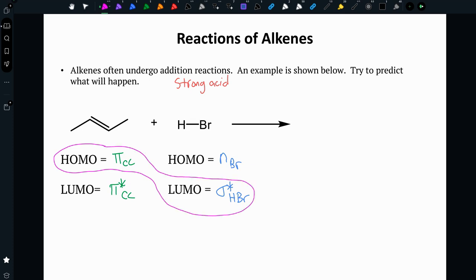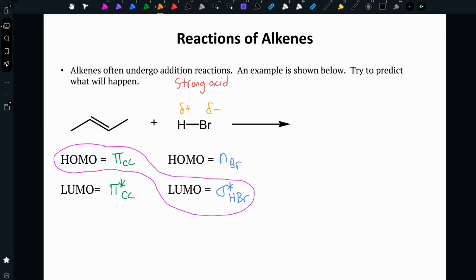Meaning, I'm going to start my arrow at the pi bond between the two carbons, and I need to attack the HBr antibonding orbital.